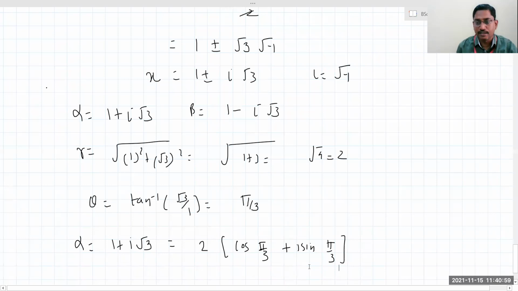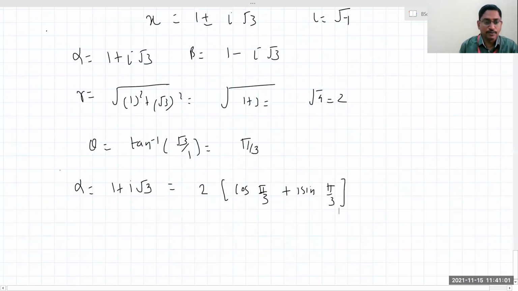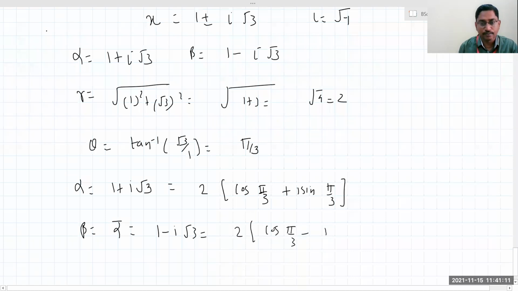Similarly, beta is alpha bar, alpha conjugate, that is 1 minus i root 3. So you have to write the conjugate of this. So these are your alpha and beta, with pi by 3.